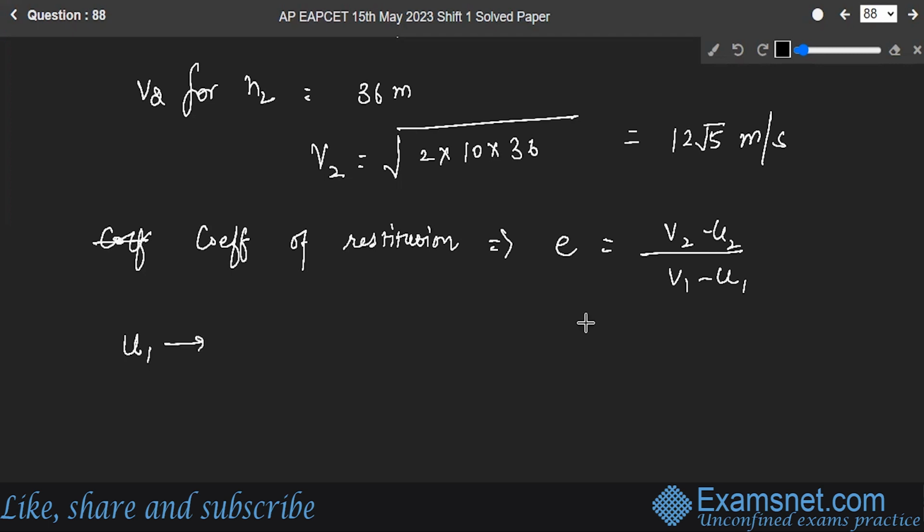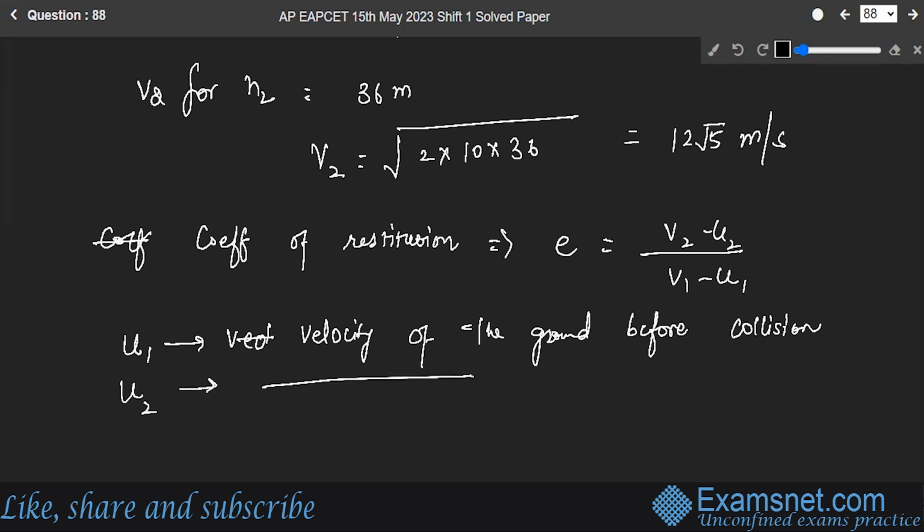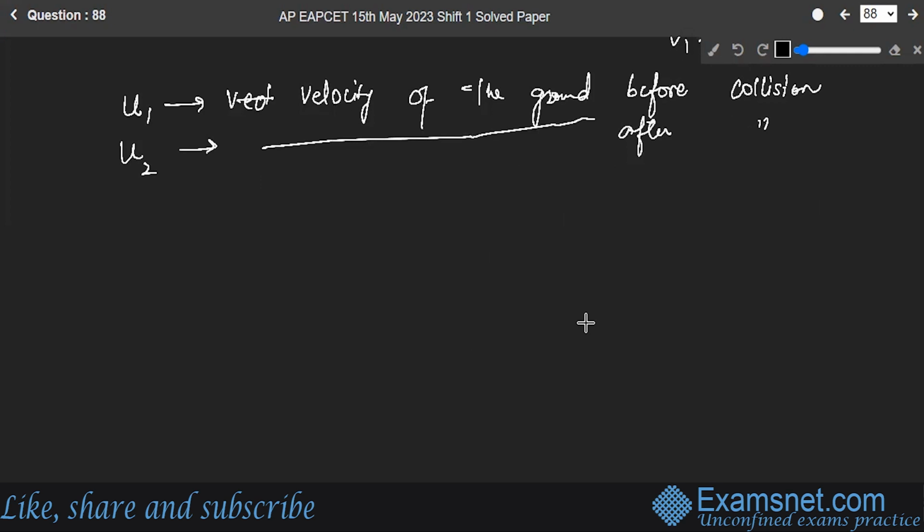So U1 is the velocity of the ground before collision, and U2 is after collision. Now ground is at rest. You know that. That means both are zero.